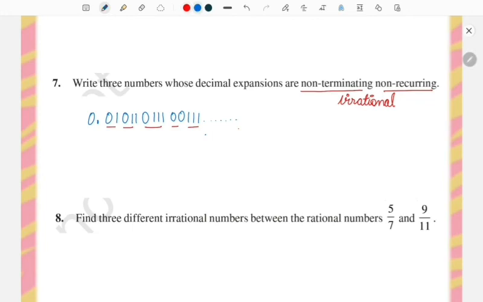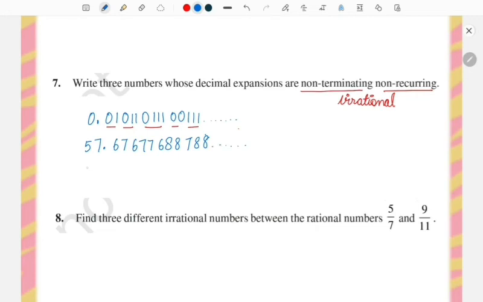Next we can write. You can write any number like this. There can be a lot of numbers that can be written like this. Let's write another one. 57.6776788 and so on. There's no repetition again.